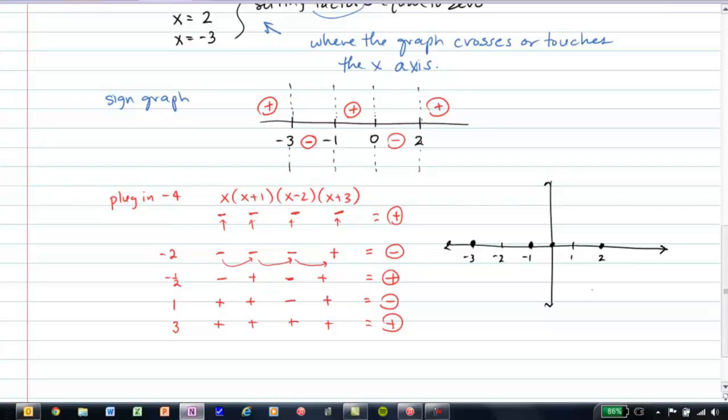And we know that our graph on the left side of that -3 point starts in a positive area. So we're going to start up here in the second quadrant, and we're just going to curve down through that point. Doesn't really matter how far you go. Turn around, we're going to go up. Doesn't matter how far you go, we got to go back down. Then we go up. And then we put arrows on the end of both of them, and that is our sketch for the polynomial x times x plus 1 times x minus 2 times x plus 3.